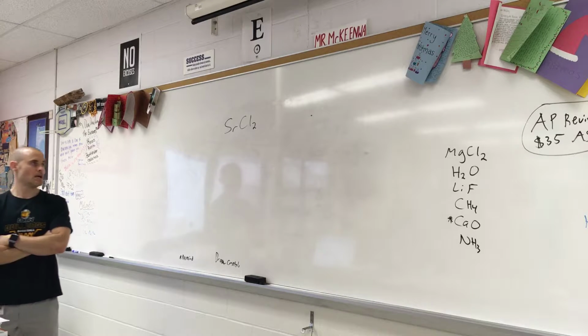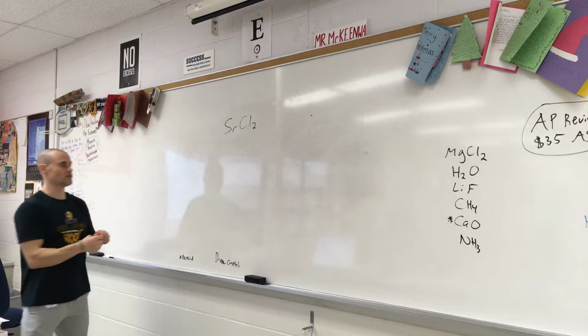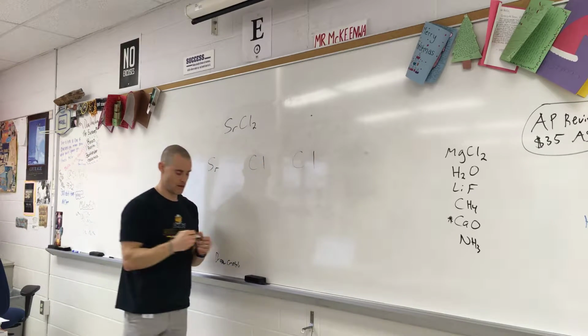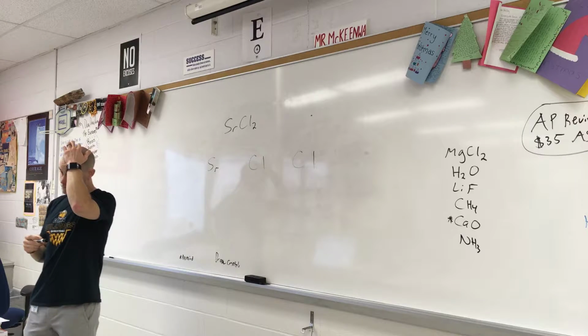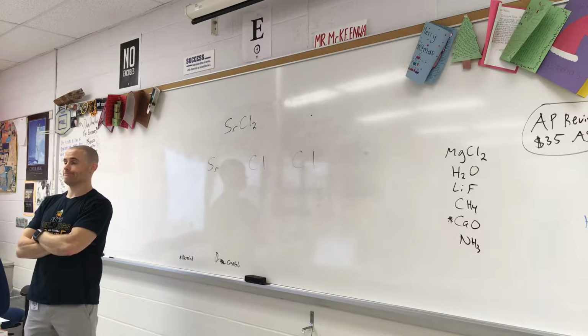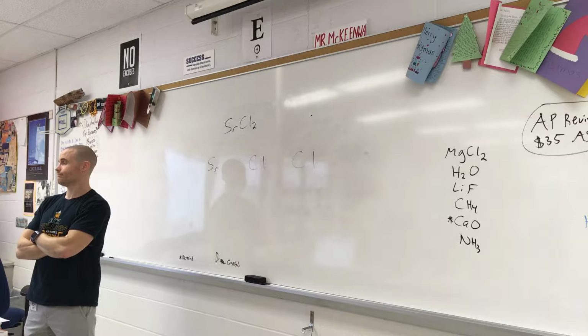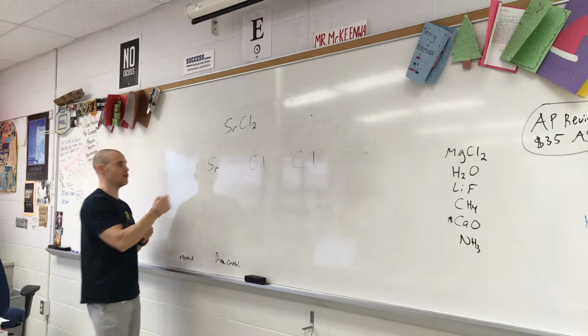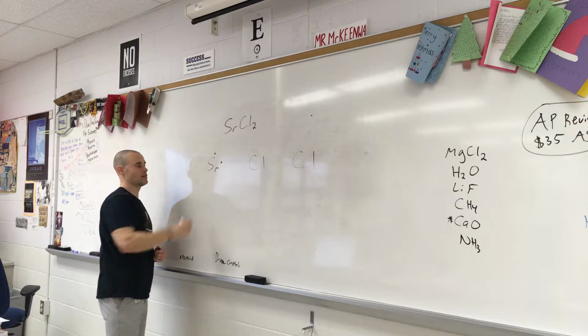Okay, let's do the individual dot structures first. So I have one Sr, I have two Cls. How many dots does Sr have? 2, but I want to make sure everyone knows why. It's because the last number in its configuration is 2. So Sr has 2 dots.